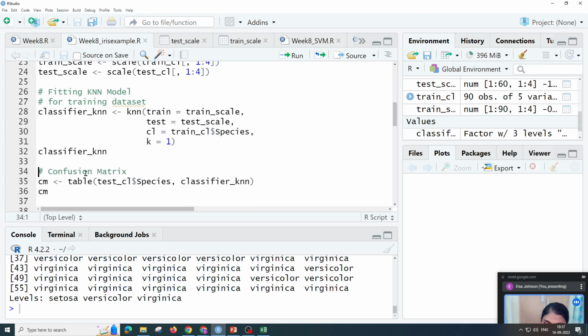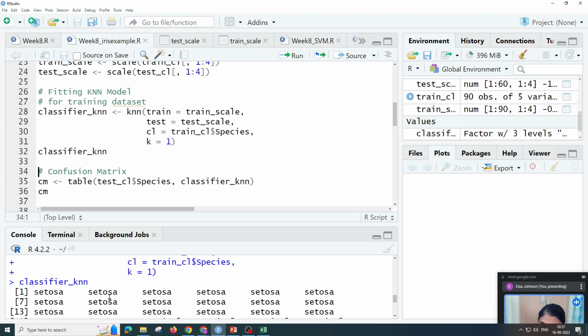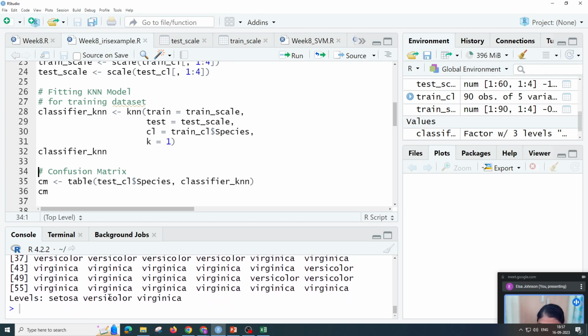So classifier_knn has given this particular output for all the values. Now we will see the confusion matrix to see how efficient it is. We are using table here. Last time you also saw two different methods of calculating the confusion matrix.